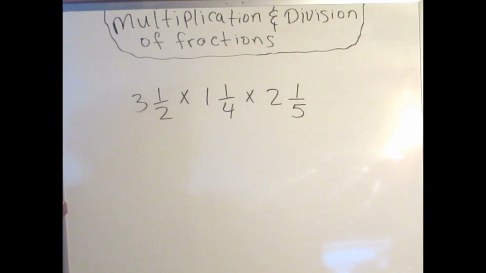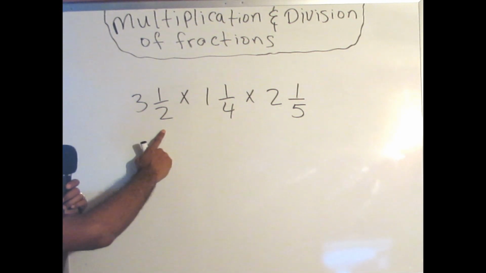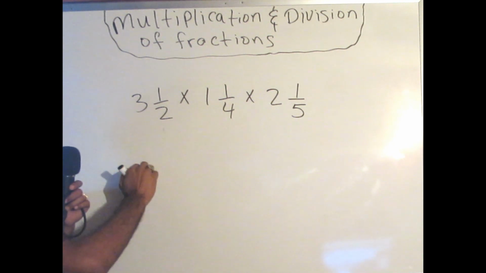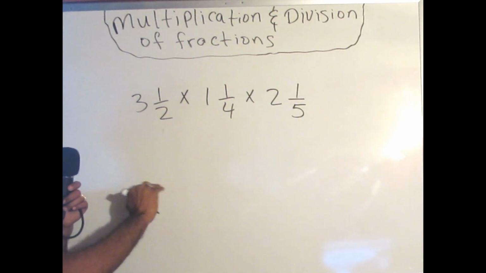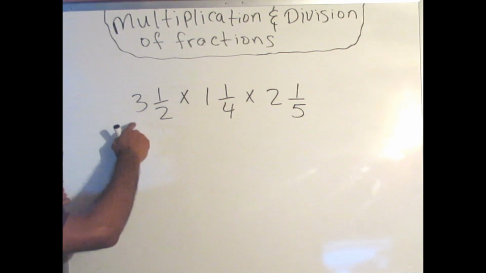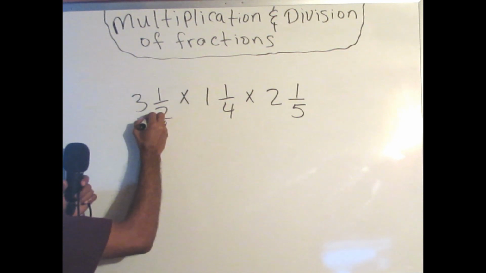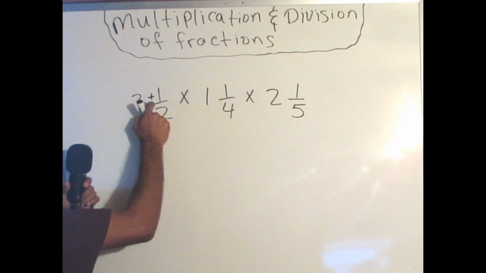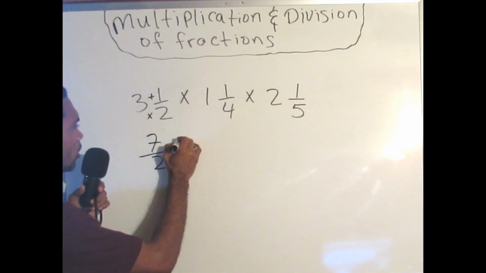So this time we're multiplying fractions, but we're multiplying a mixed number. And whenever you multiply a mixed number, you want to change the mixed number to an improper fraction so we can multiply our numerators along with the denominators and get our answer. In order for us to change these mixed numbers to improper fractions, we multiply 3 times 2, 6, and 1, 7 over your same denominator, 2.